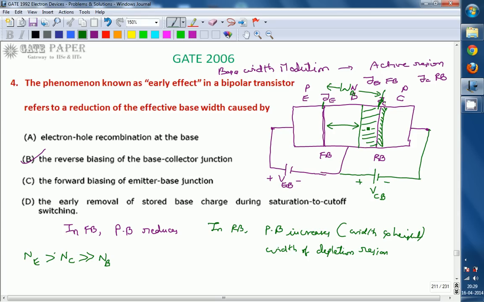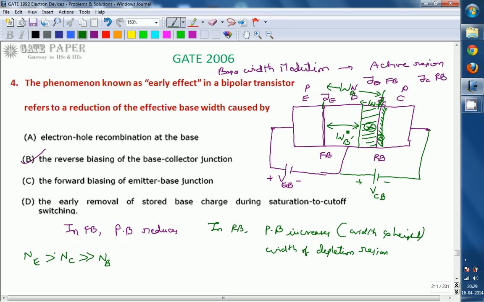It consists of immobile ions, positive ions on the n-type base side and negative ions on the p side. So the mobile carriers are present only in this portion, which is WB dash, and the depletion region width is W.